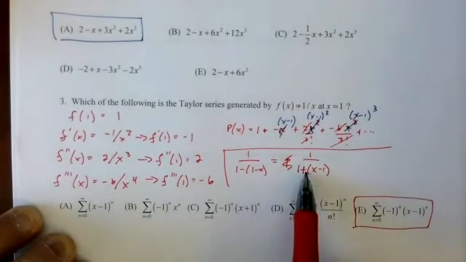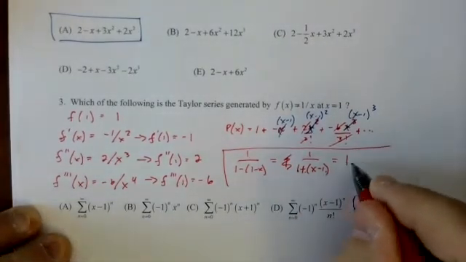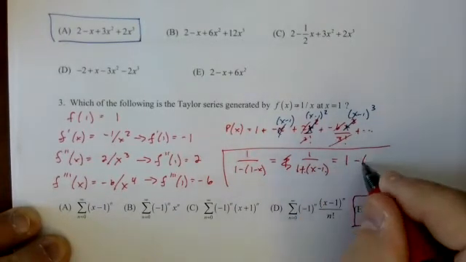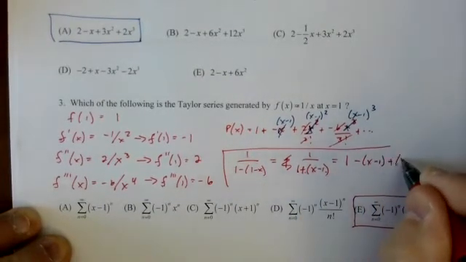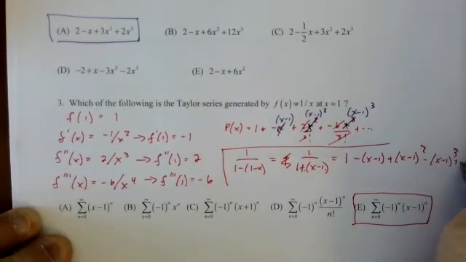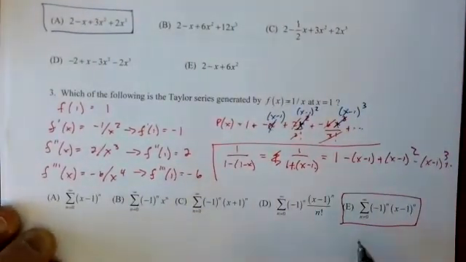Let me think that makes sense. Those cancel, I'm left with x. Yeah, that also works. Which would be 1 minus x minus 1 plus x minus 1 squared minus x minus 1 to the third, dot, dot, dot. I don't know if that's such a good idea, but we get the same answer.